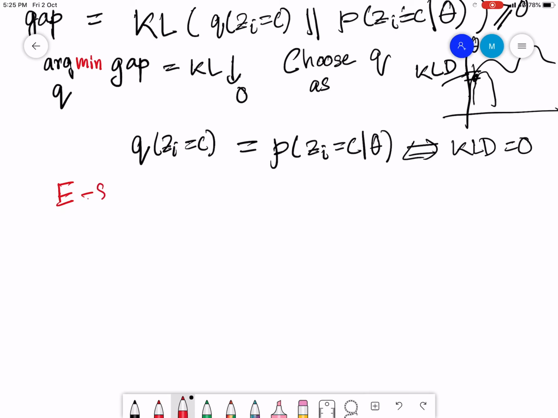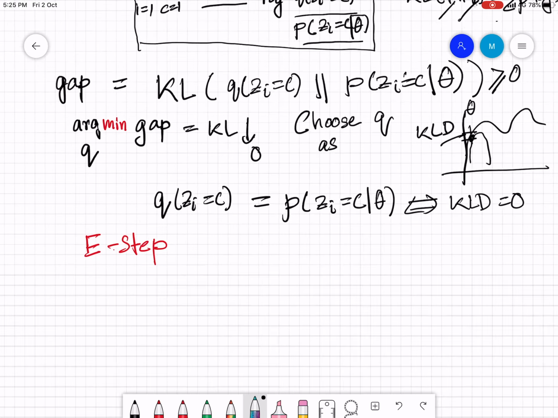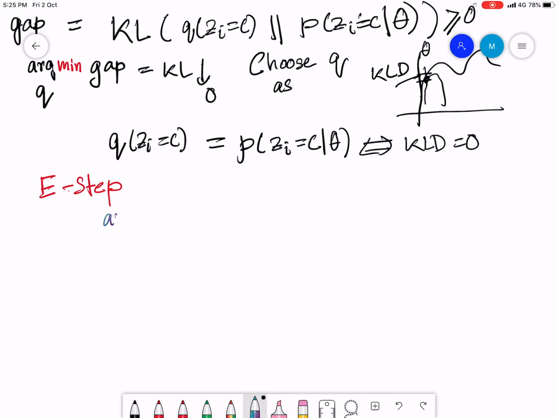So let us summarize the E step. In the E step, you remember you fix theta k, and we said that we have to maximize with respect to Q, or rather, I have already defined what the gap is, so I can as well write argmin with respect to Q of the gap.